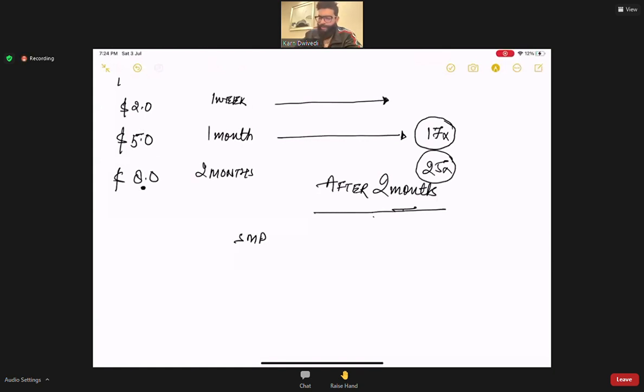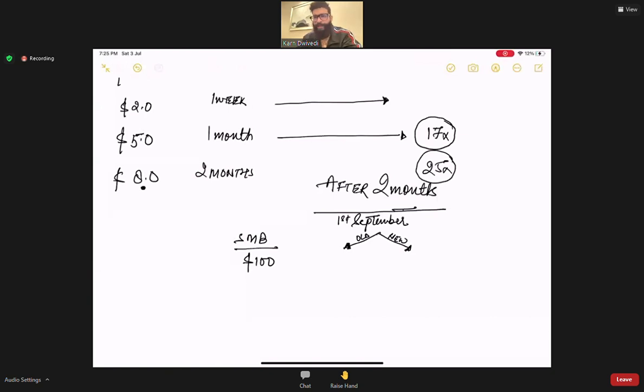I'm writing down SMB here. Let's say your SMB was $100. And let's talk about the 1st of September, in two cases: the old, the way your system was running, and the new.